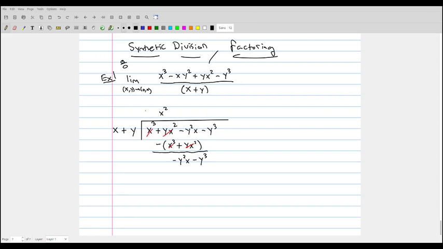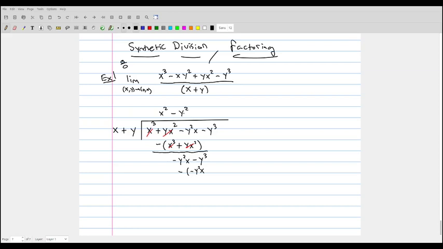So again, we want to do the next highest order, so we have to figure out what we have to multiply this by to get rid of this x term right here, so this negative y squared x. That's going to be exactly multiplying by this negative y squared. Because when I multiply by negative y squared, I get negative y squared times x.